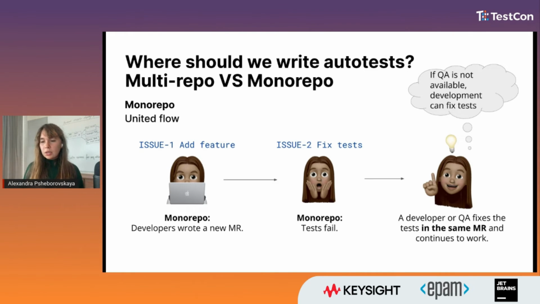So additionally, we have created interchangeability here. If a test automation engineer or developer goes on vacation, a developer can always fix the test, and a test automation engineer can always fix the code. So given these advantages, it is perhaps unsurprising that we chose this option with a mono repository.